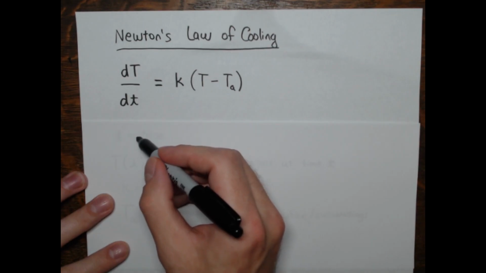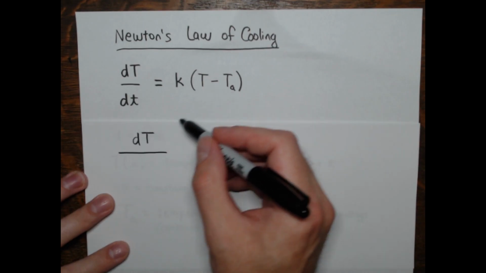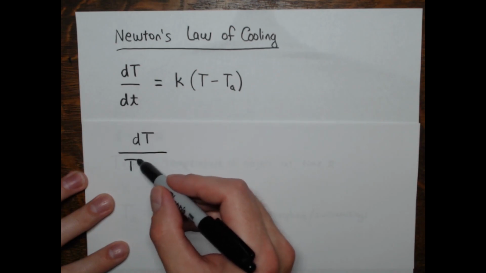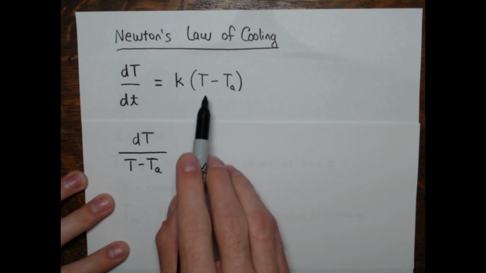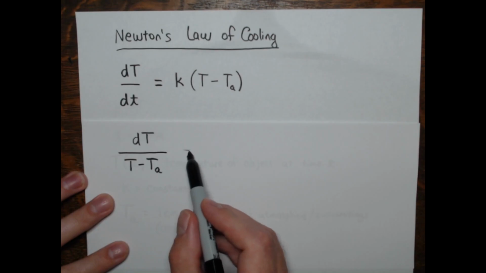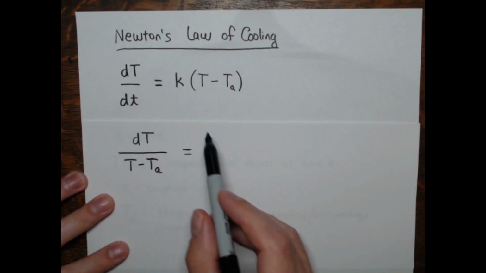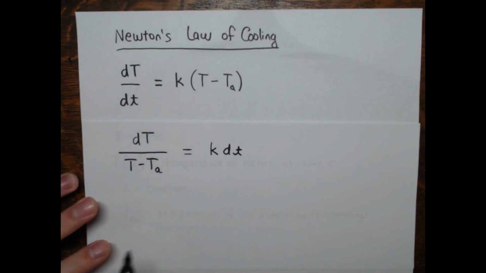So I'll do a separation, get everything involving capital T on the left. So I divide by this capital T minus TA, and then move the dt over to the other side, with the constant, the little t.